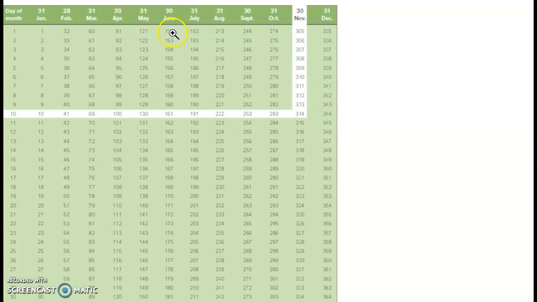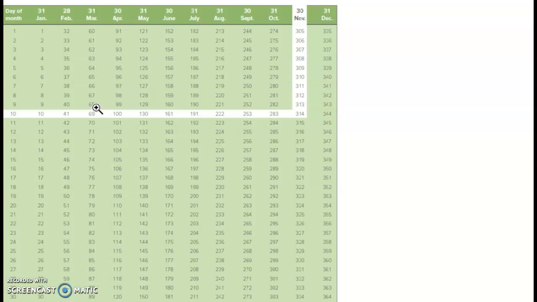So if we go look at June 11th, see we're on the 11 row here, and in the June column. It is 162. And the number associated with March 9th, here's the March column, and the 9 row, is 68.